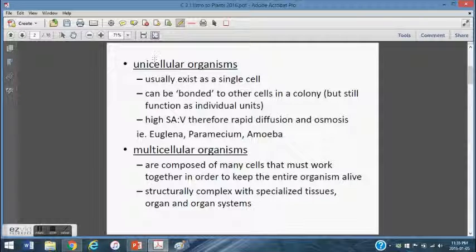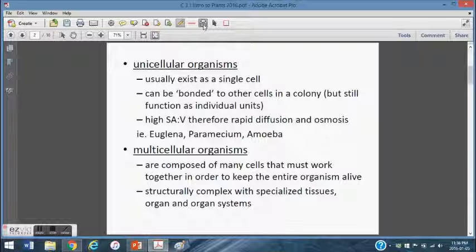Multicellular organisms. These are composed of many cells that must work together in order to keep the entire organism alive. Usually these are structurally complex. They have specialized tissues, specialized organs, and specialized organ systems. So an example, and I'd like you to write this down. You've got room on the piece of paper.